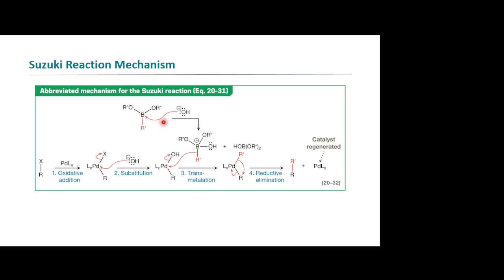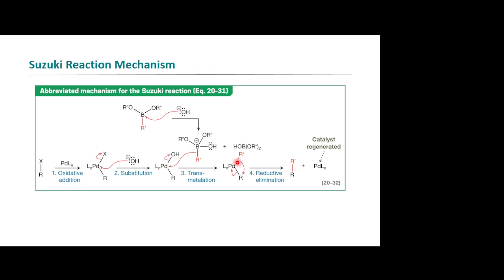This negative charge is going to end up having the carbon being the bond that actually is going to leave here. The oxygens are going to be more electronegative, so they'll be harder to remove. And so this is actually the transmetallation right here, where we're going to get the R group attacking the palladium, and the OH is going to leave here. Transmetallation because we're actually transferring this metal bond right there.